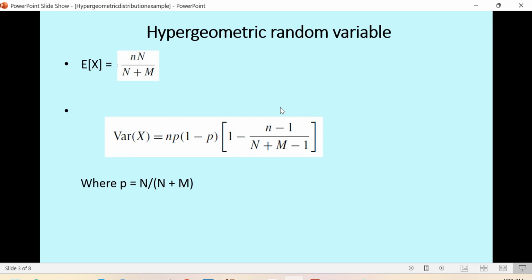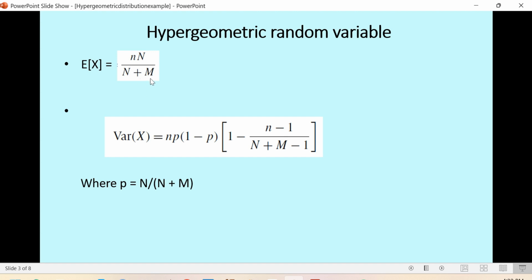And the expectation of this positive number equals n times N divided by N plus M. If we just look at the part N divided by N plus M, we can say this is p. This is quite similar to the binomial distribution, because the binomial expectation is also np.